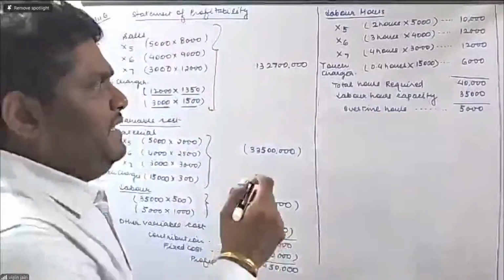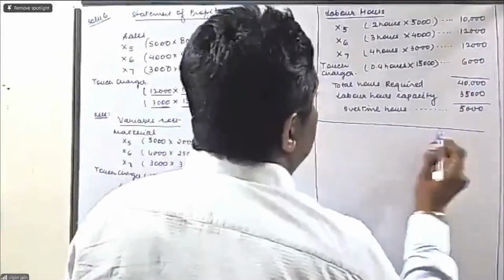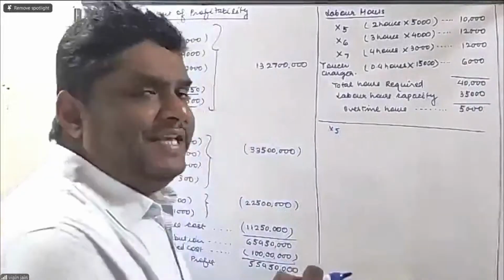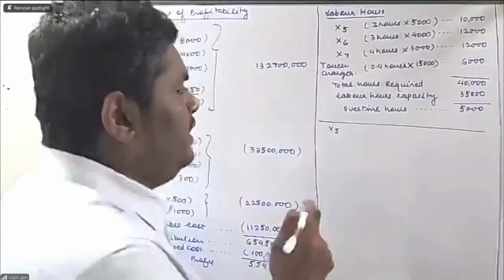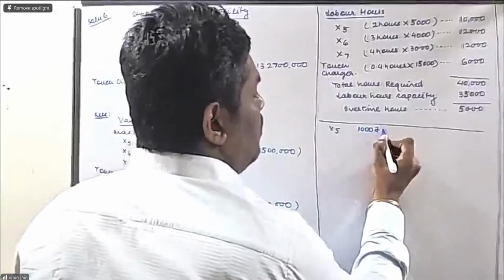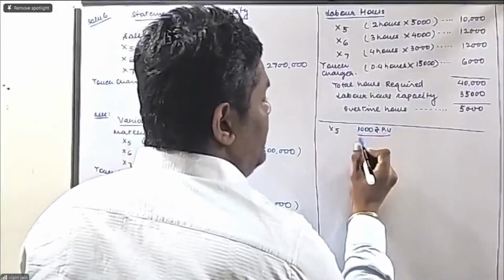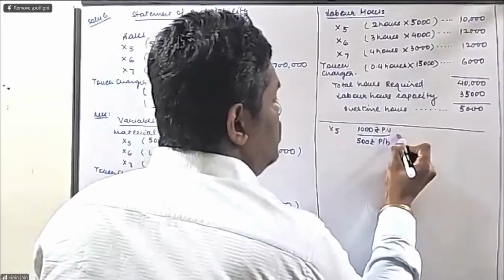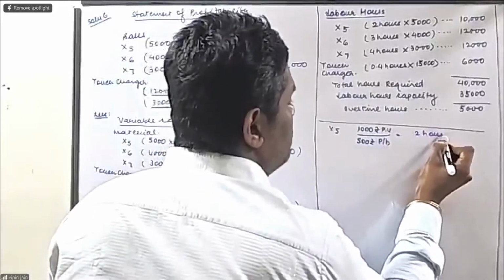Mithun Prajapati, see, for X5, the total labor cost per unit is how much? 1,000. And the labor rate is how much? Rupees 500 per hour. So how many hours? 2 hours.